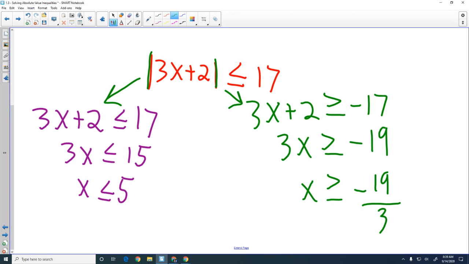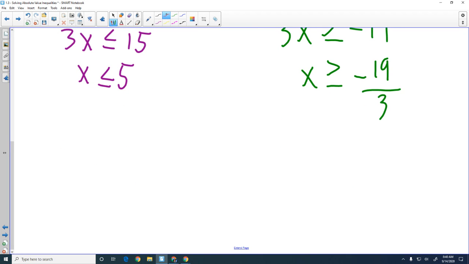Don't worry about switching it to a mixed number, like negative 6 1/3. Just leave it like this. It's less work, and it's easier to use in future problems. We actually like having our fractions as improper fractions. It makes them easier to work with. So then these are our two solutions.